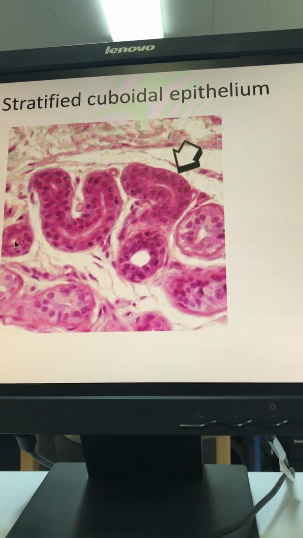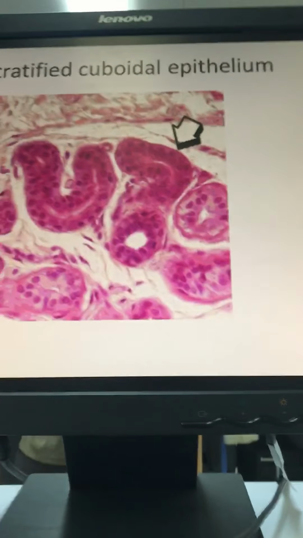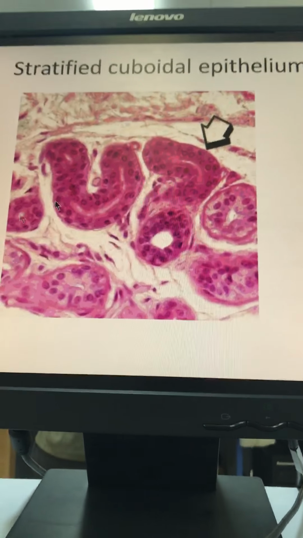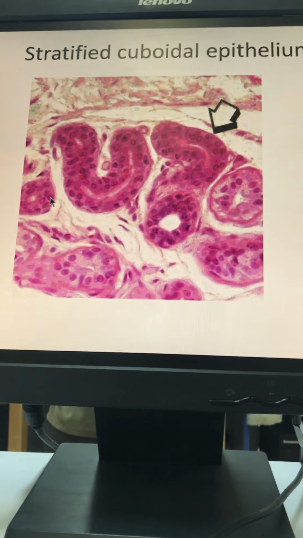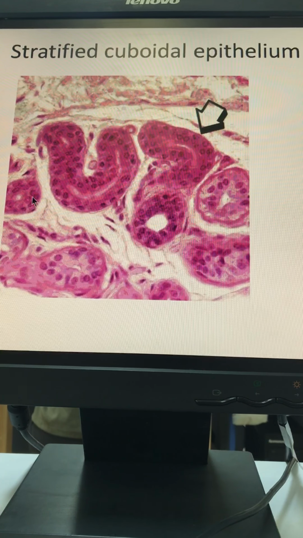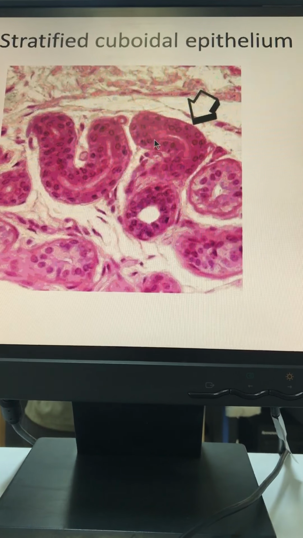In most areas, two nuclei. So what type of epithelium is this? Is it squamous, cuboidal or columnar? Cuboidal. Rounded nuclei. We have more than one layer. This is stratified. So what type of epithelium is it here? Stratified cuboidal epithelium.